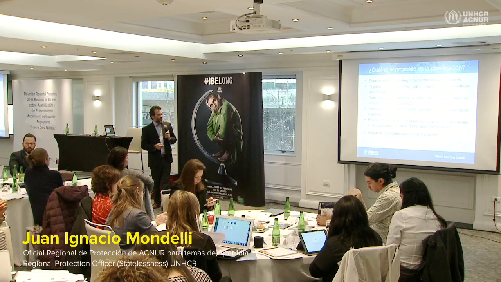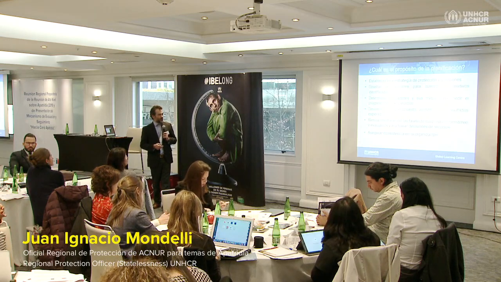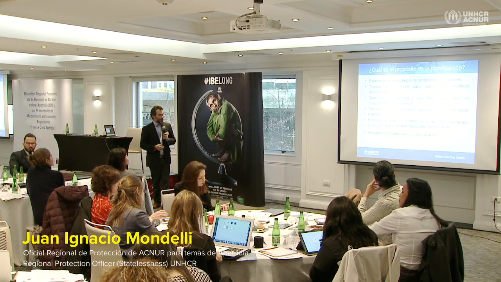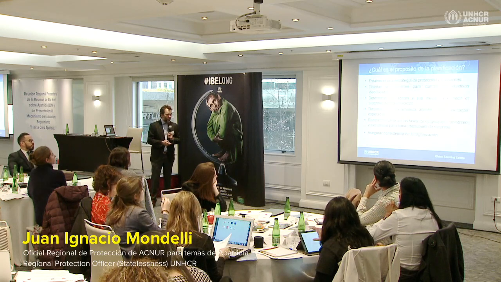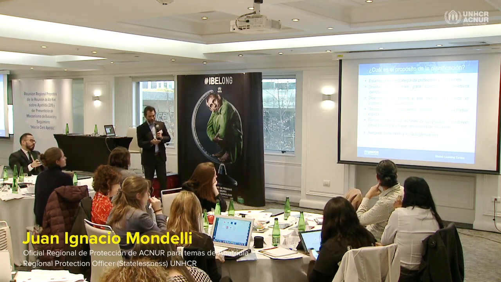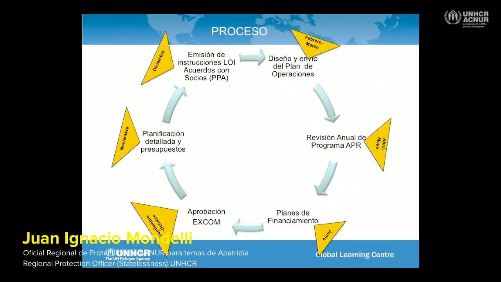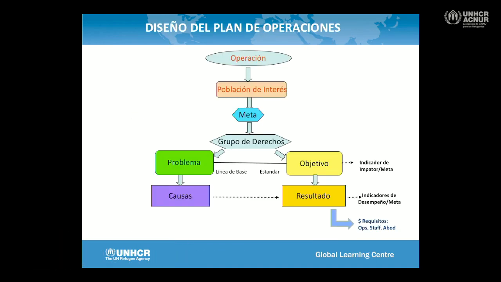Then it provides everything for the accomplishment of these objectives, translating to projects and the indicators and the goals to measure the progress of the operation, establishing the budgeting, and it also conducts this evaluation. This is more or less the operations cycle.